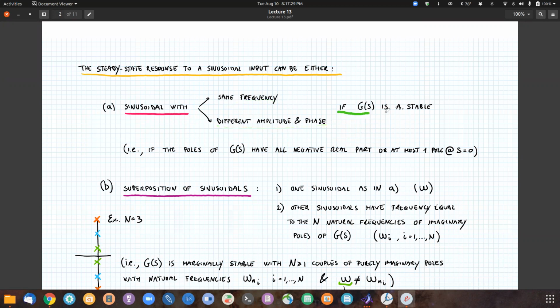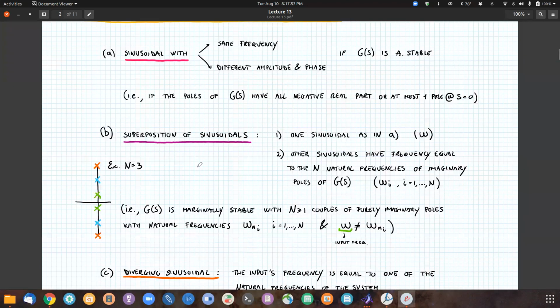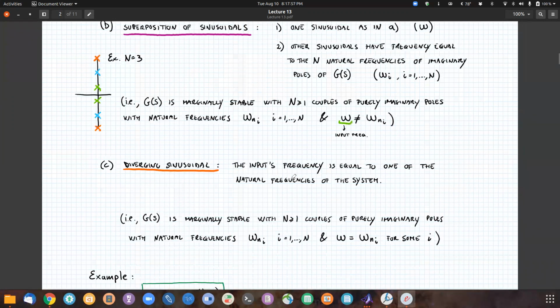And that happens if the transfer function for the plant is asymptotically stable, or you should add if it is marginally stable with at most one pole at the origin. Oh, there you go. I wrote it down here. I forgot about it. Then for case B, we have a superposition of sinusoidal, and for case C, we have a divergent sinusoidal.